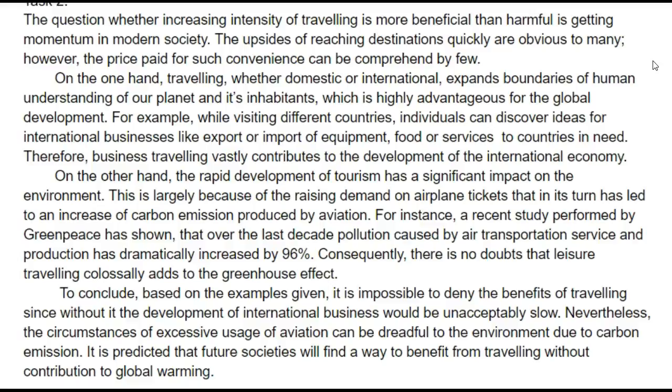So the upsides of reaching destinations quickly are obvious to many. However, the price paid for such convenience can be comprehended by few. Cool. Good use of the semicolon here, and I like that.